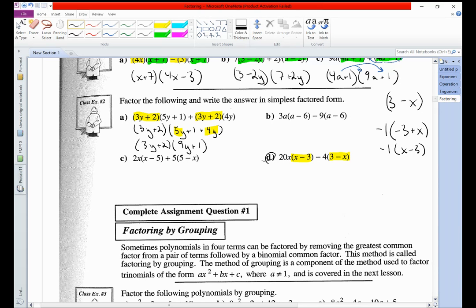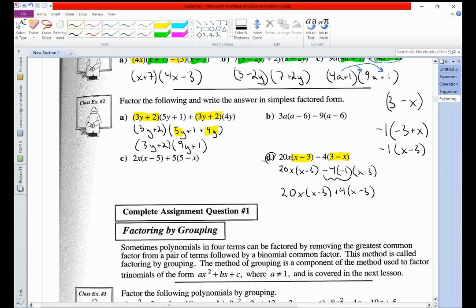Hopefully that makes sense. Then you have to be careful, because you initially had a negative 4 out there, and now you're going to multiply by a negative 1. So it's going to change the sign of that 4, because negative 4 multiplied by negative 1 is positive 4.